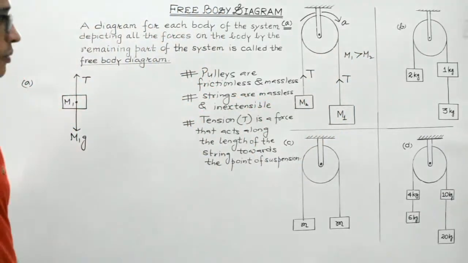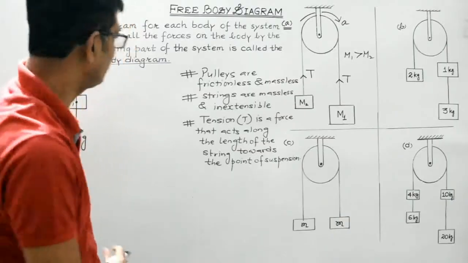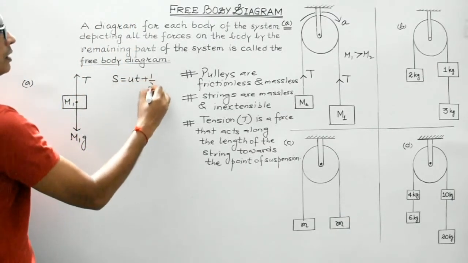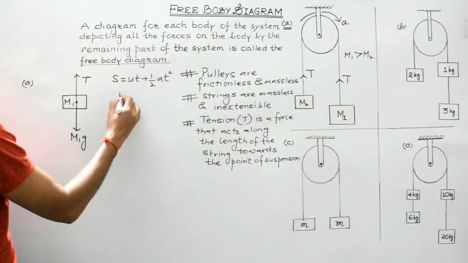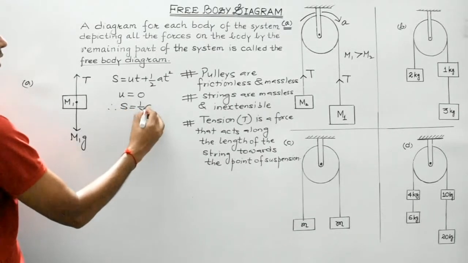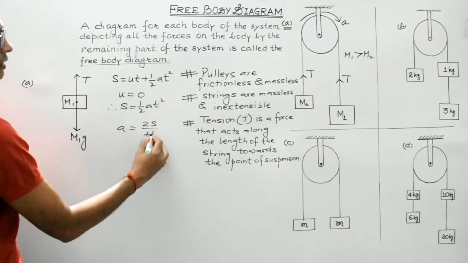Now students, one thing to be noted is that we are aware S equals ut plus half at square, isn't it? Initially both the bodies are at rest, therefore u is equal to 0. Therefore S is equal to half a t square, or a equals 2s by t square.